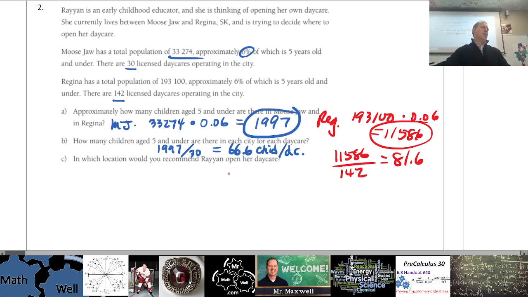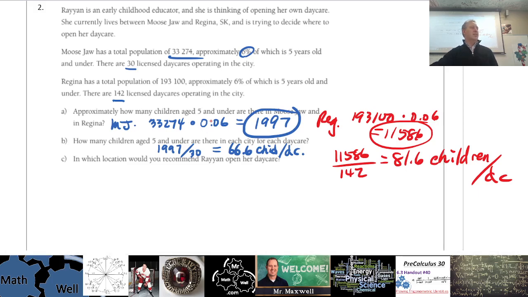So there's more children per daycare available, you see? This is 81 children per daycare, and Moose Jaw has 66 children per daycare. So which one would you choose to open up? Regina? Yeah, you go with Regina because in the city, there's more kids per daycare.